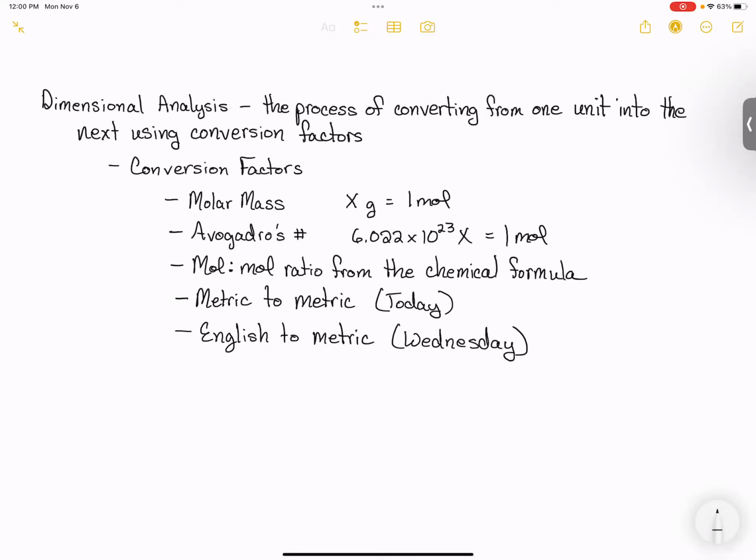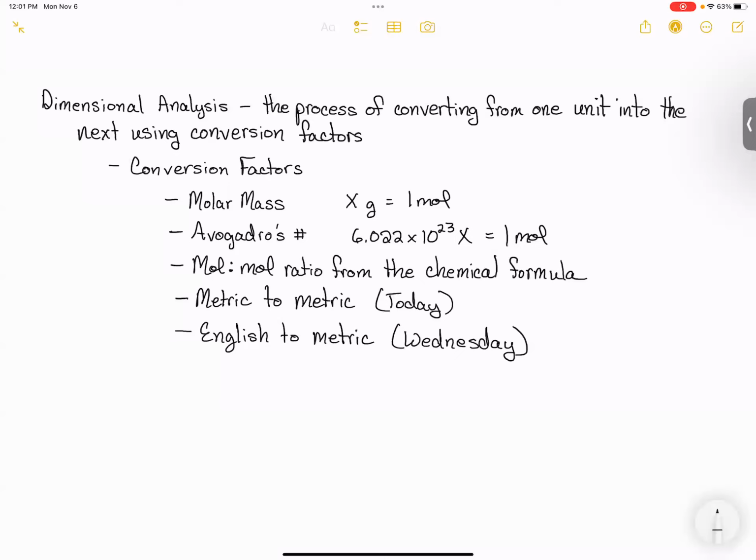So, dimensional analysis, basically it is the process of converting between dimensions or units. And we do so using conversion factors. Last week we used the molar mass as a conversion factor, whether that was an element or a compound.